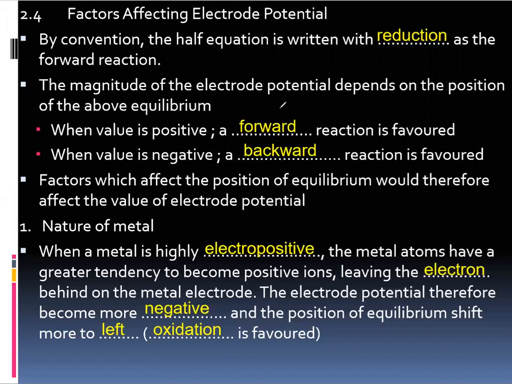The electrode potential therefore becomes more negative, and the position of equilibrium shifts to the left, because we said when we have a positive E naught value, it favors the forward reaction, which is a reduction reaction. In this case, it will favor the backward reaction, that is, the equilibrium shifts to the left and becomes an oxidation reaction.